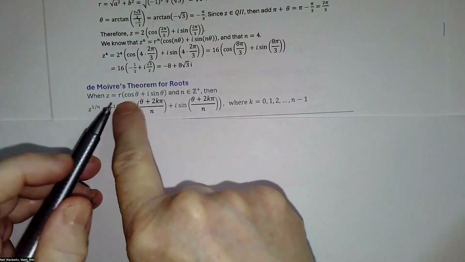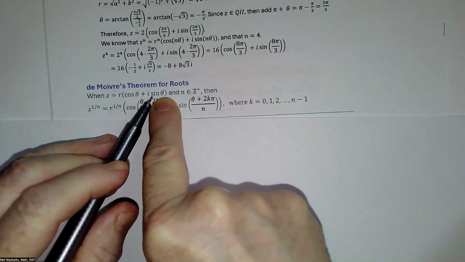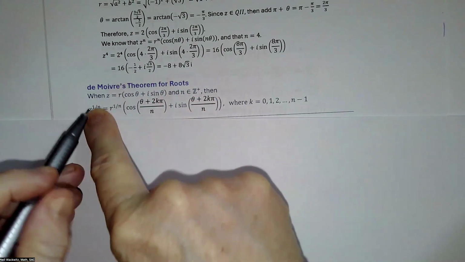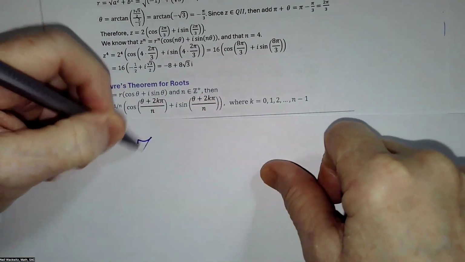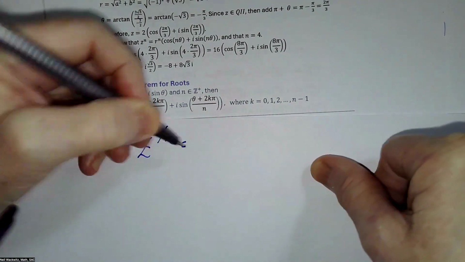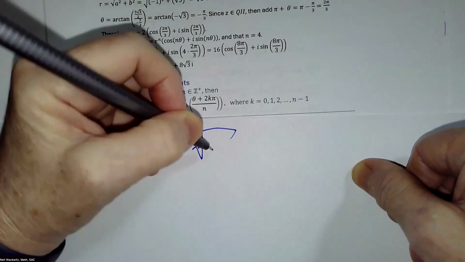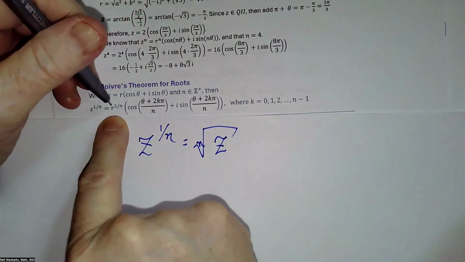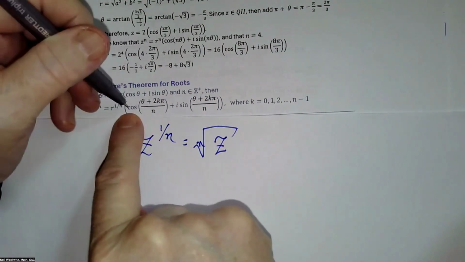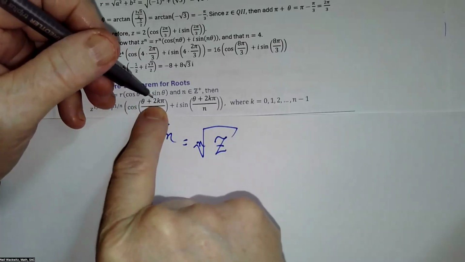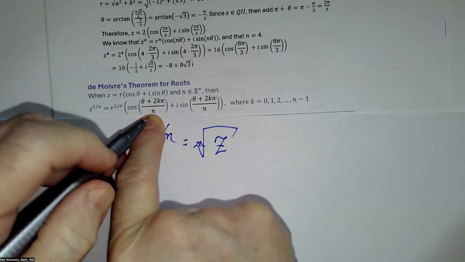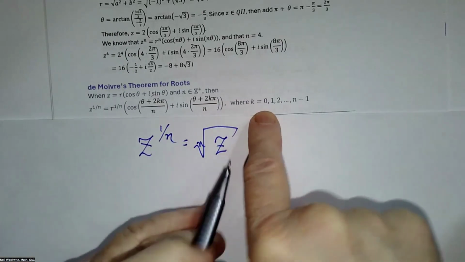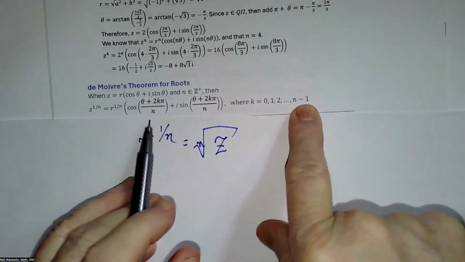If we have z equals r cosine theta plus I sine theta, and n is an integer, then z to the 1 over n, and remember, z to the 1 over n is the nth root of z, is equal to the nth root of r times the cosine of theta plus 2k pi over n plus I sine theta plus 2k pi over n, where k goes from 0 up to n minus 1.